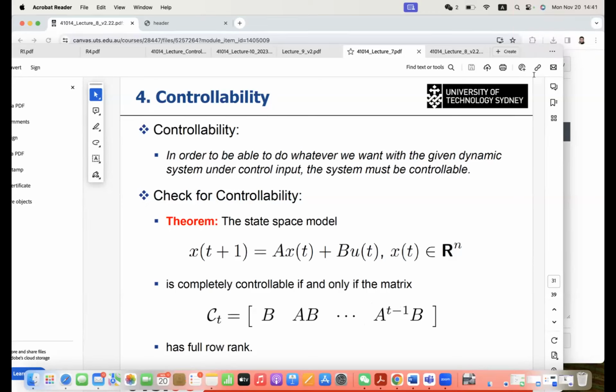How about stability, is it different between continuous and discrete? Checking controllability is the same for both continuous and discrete, but stability is different, because the formulation of the discrete time system is different from the continuous one.